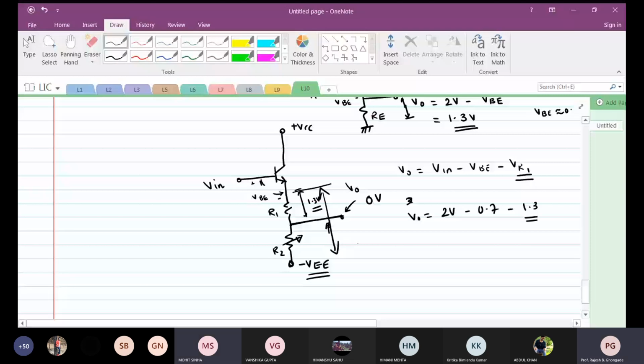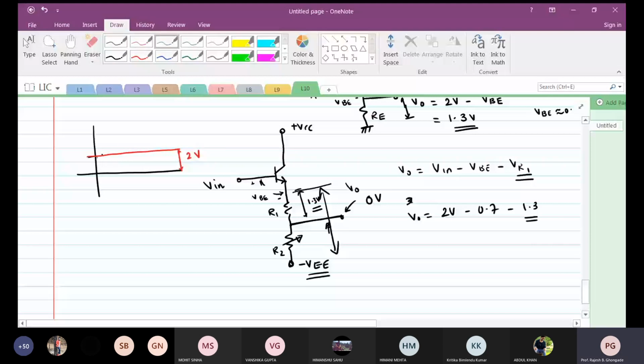What I am doing is just setting the drop across R1 to 1.3 volts, so that whatever the DC content is, let us say your signal is riding on top of a DC level, this DC level, 2 volts, and my signal is riding on top of that.